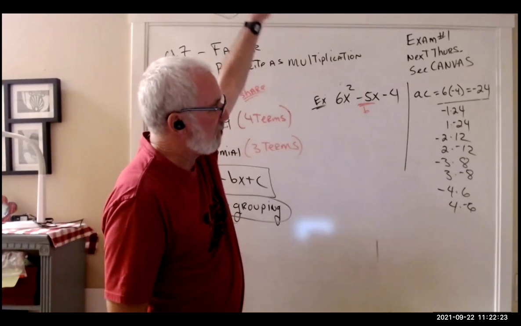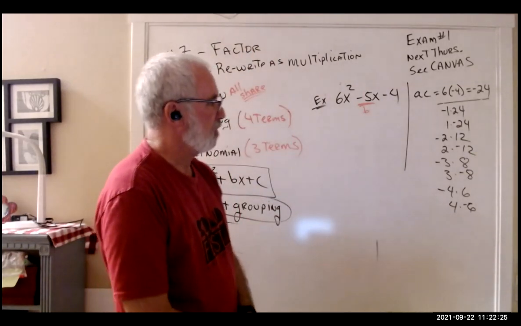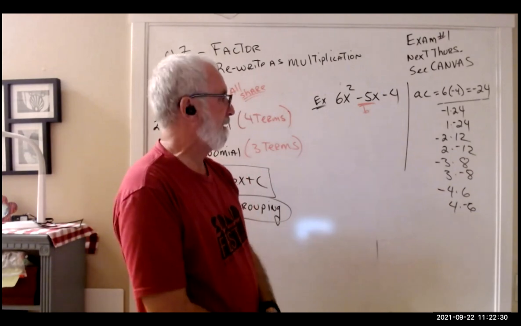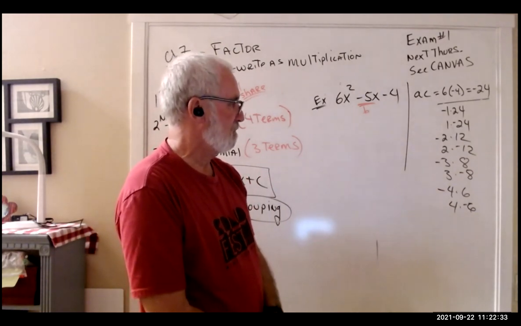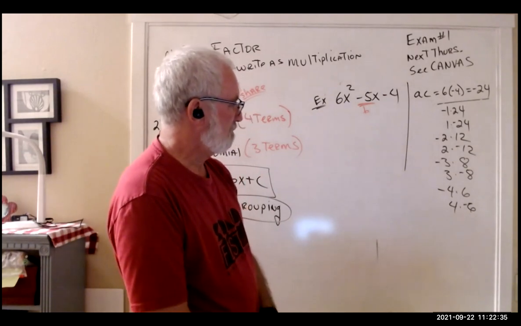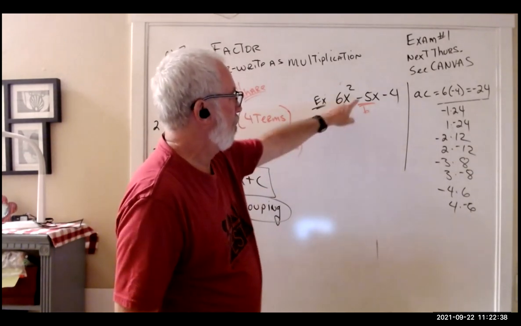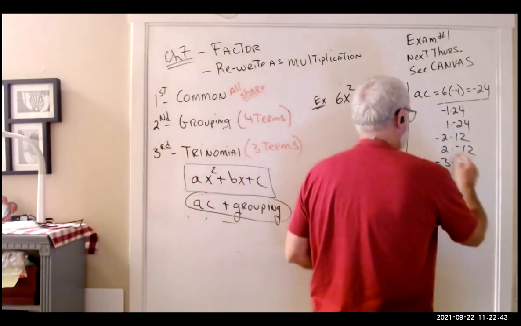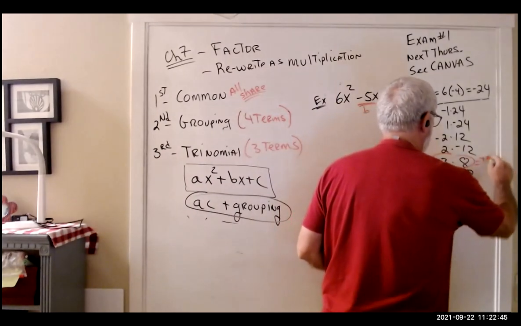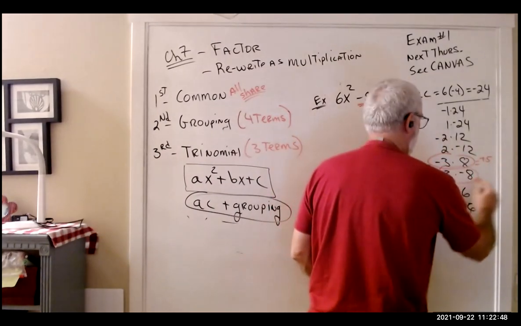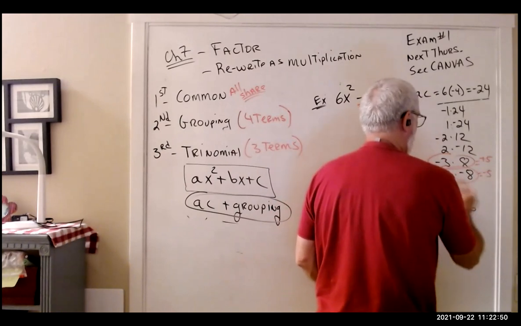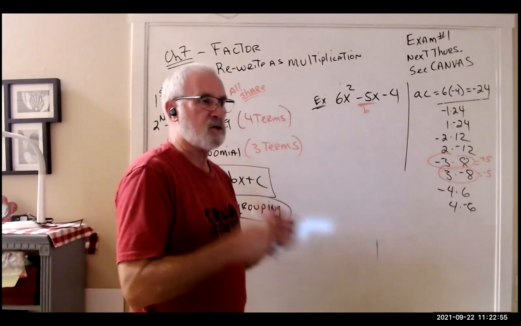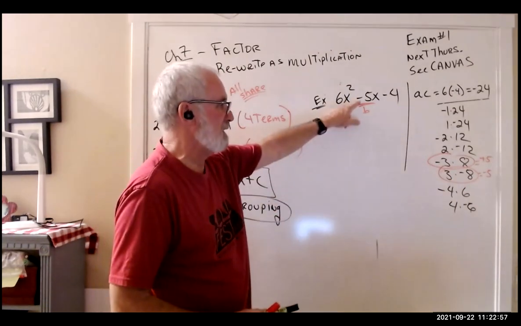So out of all that junk I listed up there, there's only one that works. Which one is that? -3 times 8, or 3 times -8? Remember it's got to make -5. -3 times 8 makes +5. 3 times -8 makes -5. That's the one we want to use.